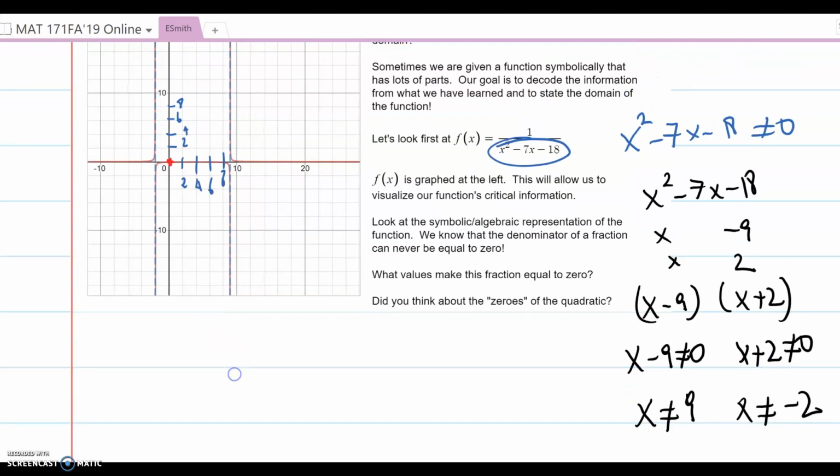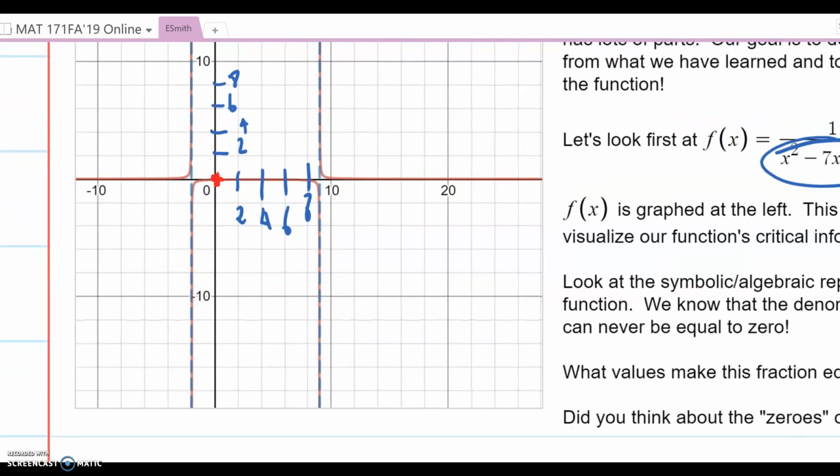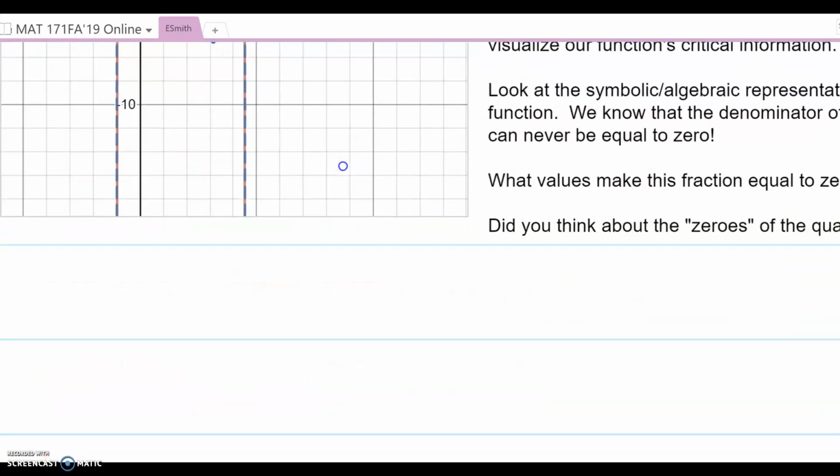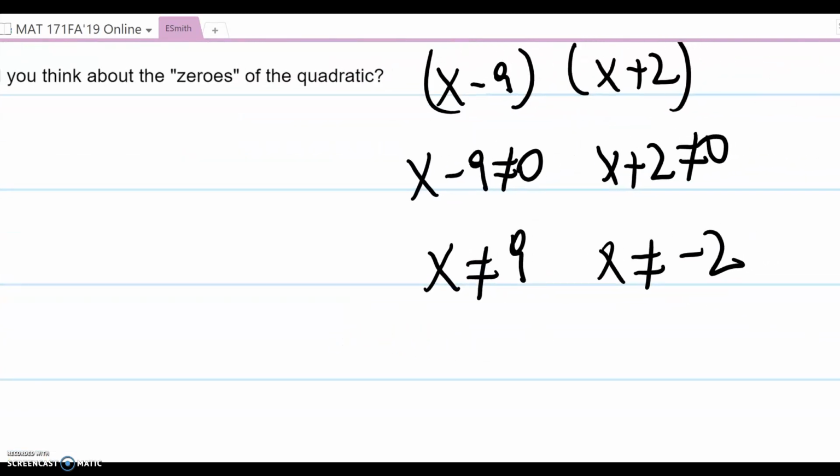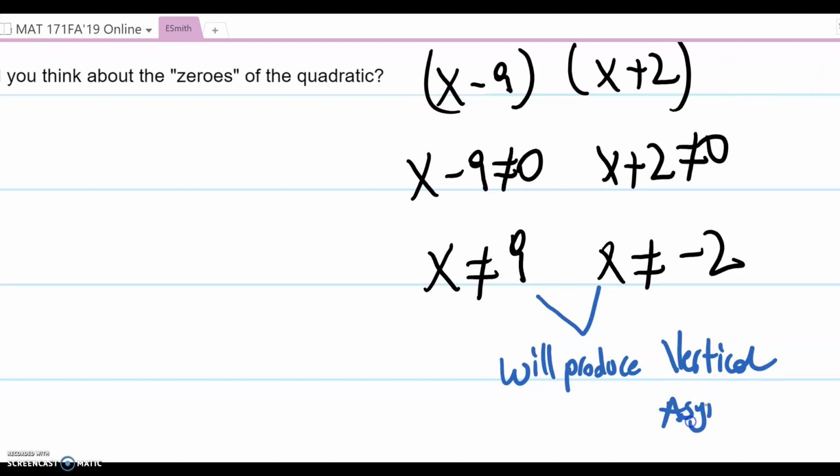So what does that mean? If you go to that picture, because the scaling is going by 2, this point is actually negative 2. And that's why we have a vertical asymptote. These two will produce vertical asymptotes because x cannot take these values.